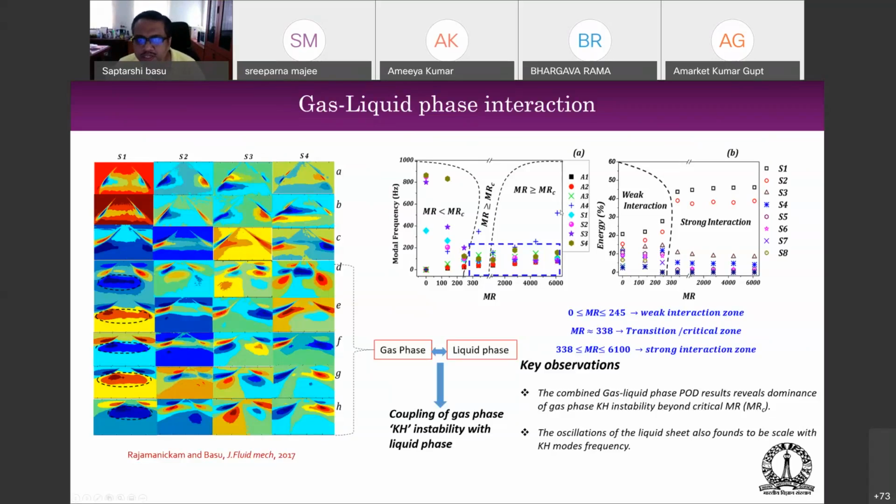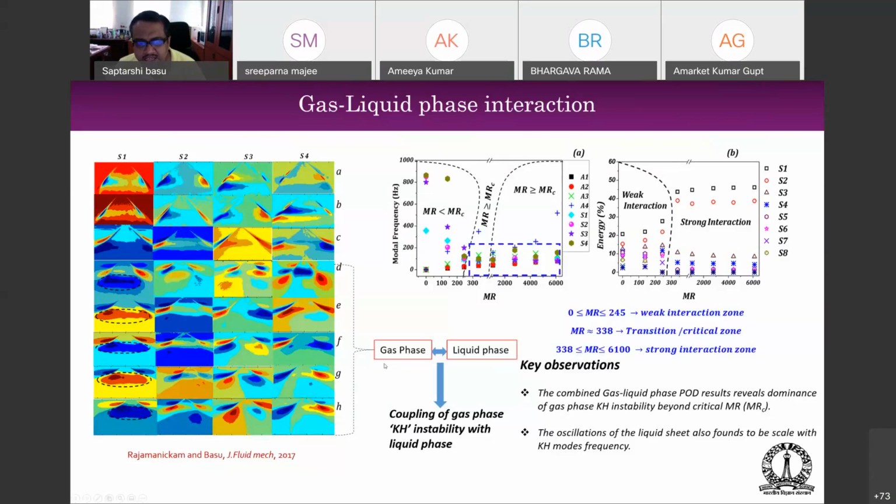So its gas dynamic, its transitions and its evolution are normally insensitive to the gas flow field. But the moment you go to high momentum ratio, you get a very strong coupling effect, and the gas and the liquid flow field actually starts to mimic the gas flow field. So the oscillations in the liquid sheet scale with the Kelvin-Helmholtz frequencies.